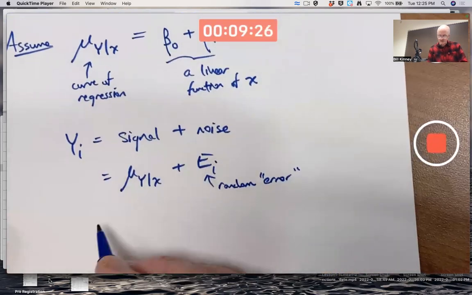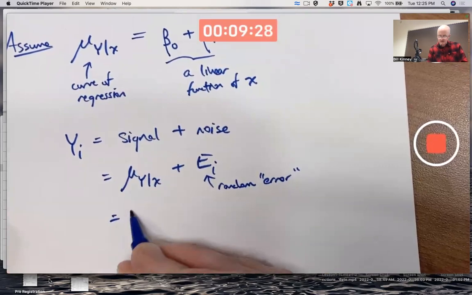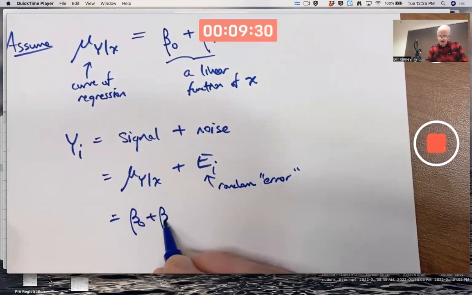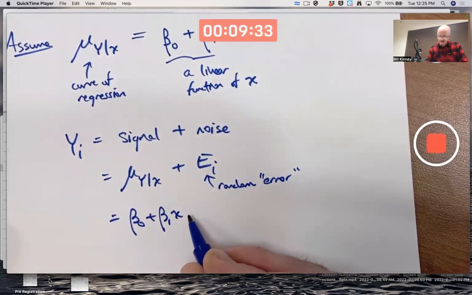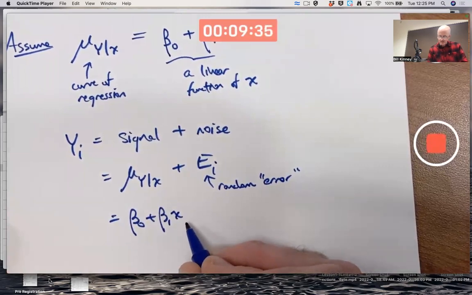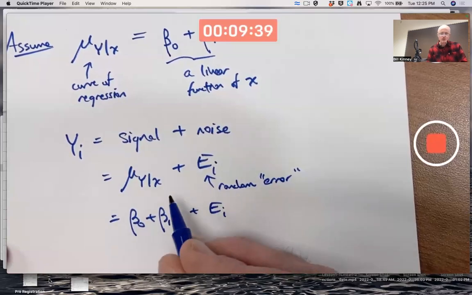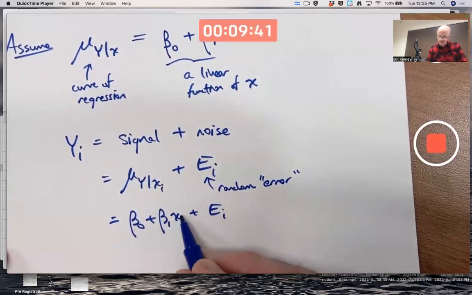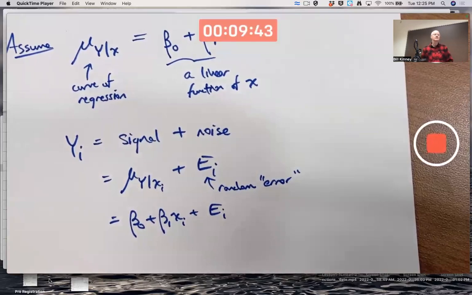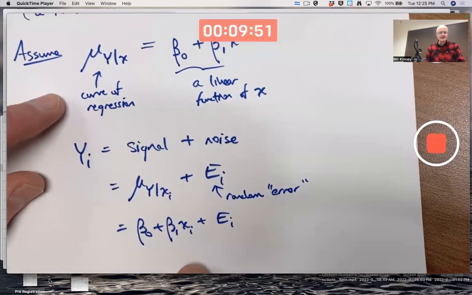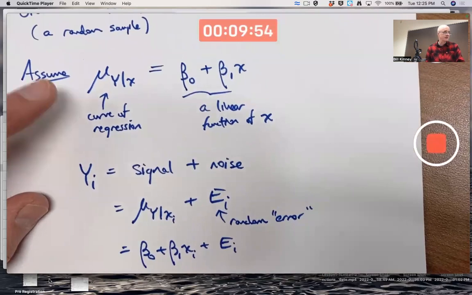And by the assumption that we're making about mu, this can then be written as beta 0 plus beta 1 x plus e sub i. And I really should plug in the actual value x sub i here, so I'll use subscripts on the x as well.